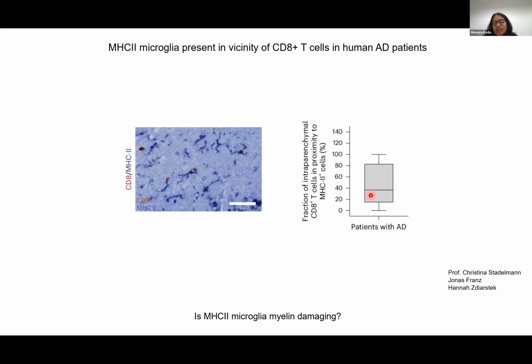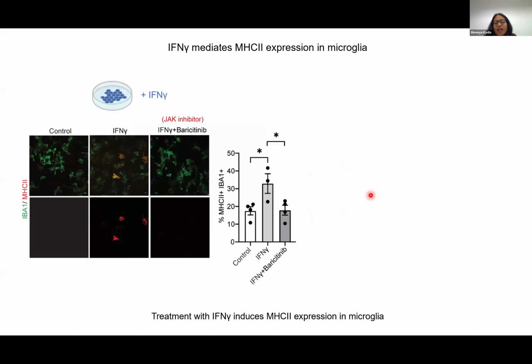But is this population actually damaging myelin? To find out, we decided to shift to a more ex vivo model, because in an in vivo model, there are too many things happening at the same time, and it's really complicated to delineate what exactly is causing myelin damage. To address this, we first wanted to see if we can get MHC2 expression in cell culture.